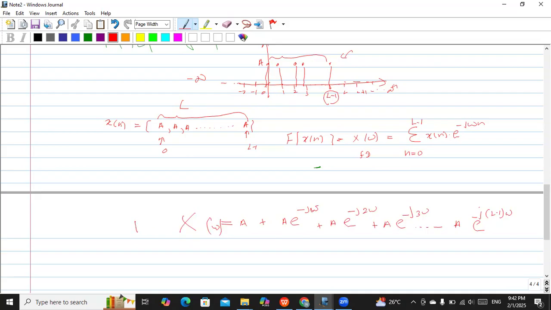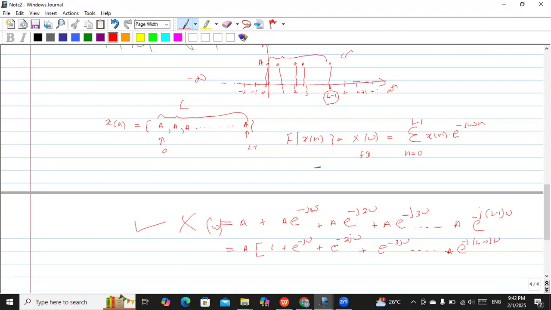If you have done your work up to here, that will be enough. Here you can get this a value out. Then you will have 1 plus e to the power minus j omega plus e to the power minus 2j omega plus e to the power minus 3j omega, so on, up to e to the power minus j (L minus 1) omega.